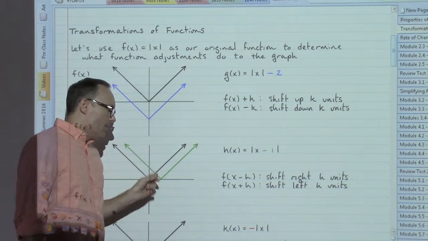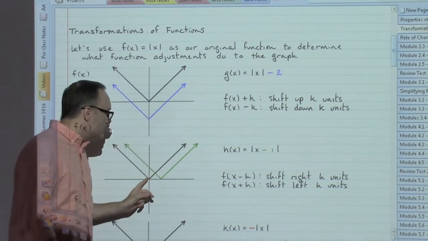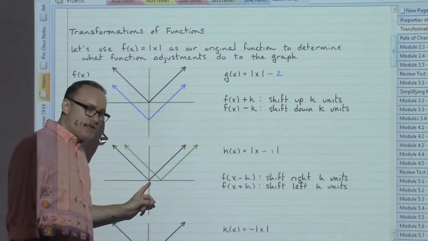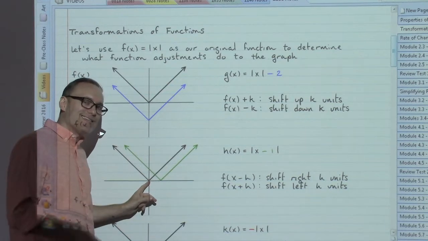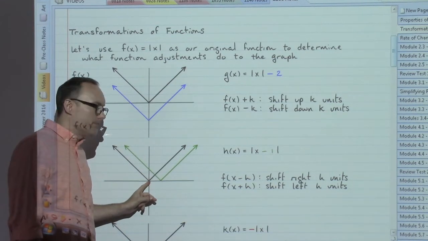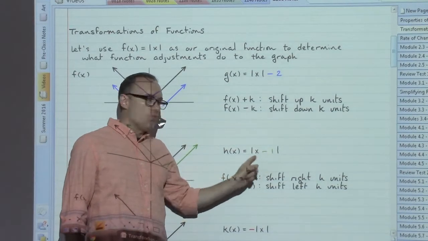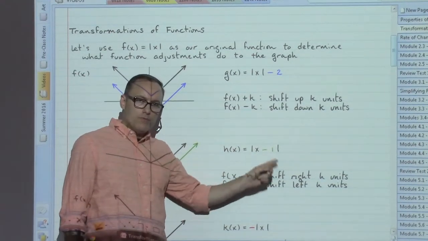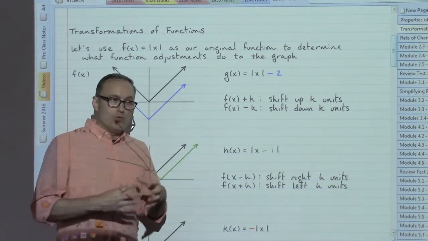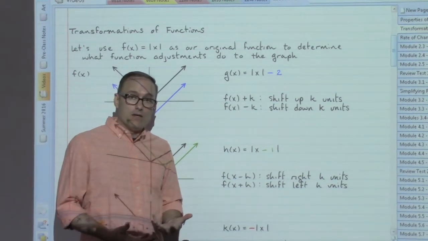Here's where that V point actually comes in rather handy to us. The basic graph has the point of that V where x is 0. If we change what is inside of the absolute value bars, then we are going to change where that V appears.